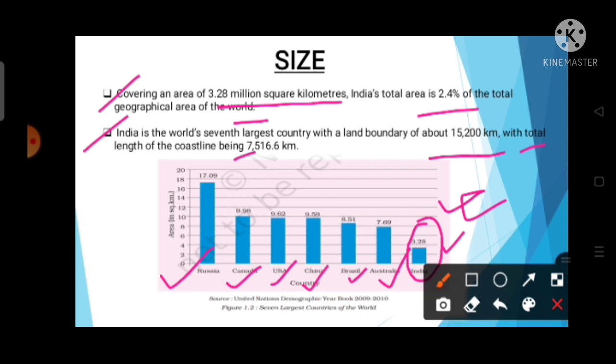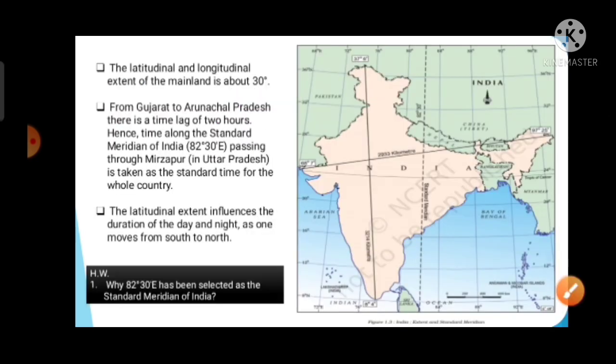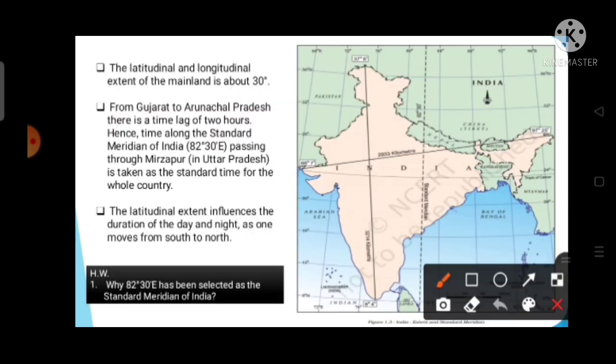Okay. One data we should also keep in mind is the total land boundary of India is 15,200 km. That means the total land boundary starts from here, from Gujarat. This land boundary's length is 15,200 km.